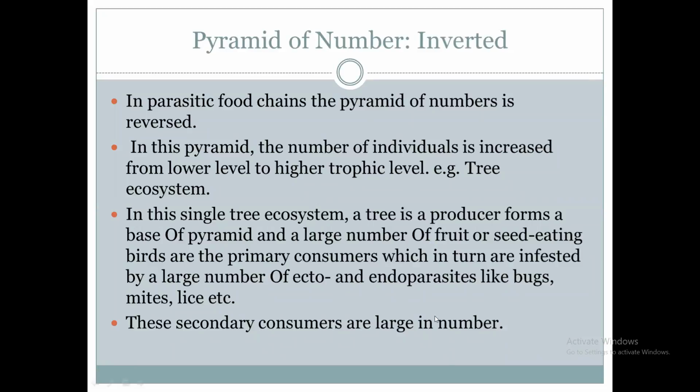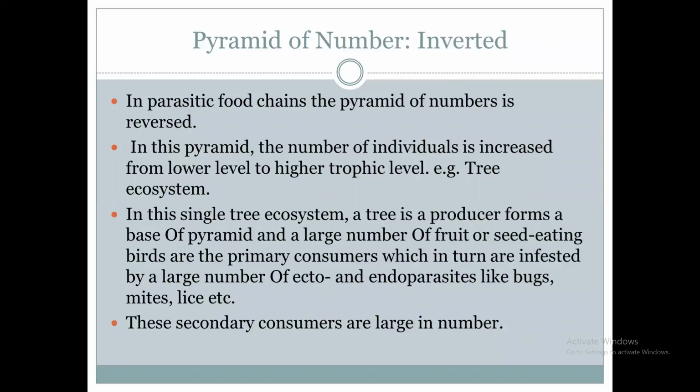So in this single tree ecosystem, the tree is the producer, and forms the base of the pyramid. The root of the tree is the base from which it grows. So at the base, the producer shows the base of the pyramid, and a large number of fruits are shown at the top.